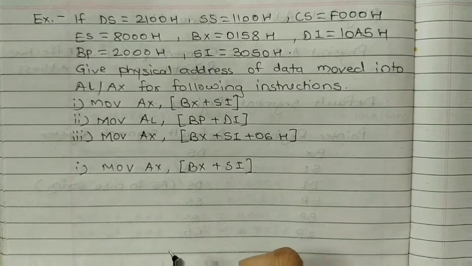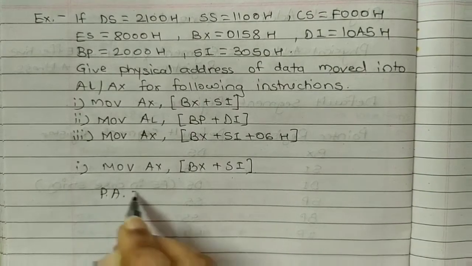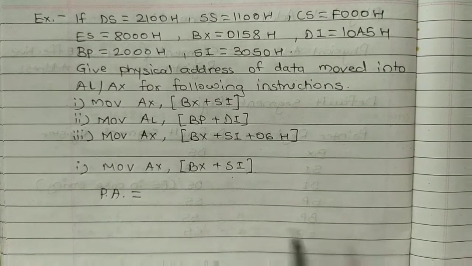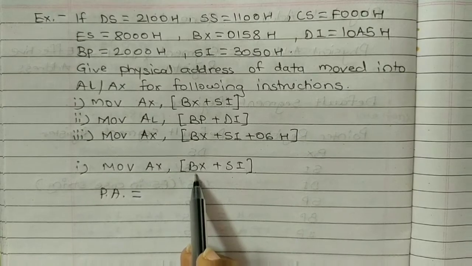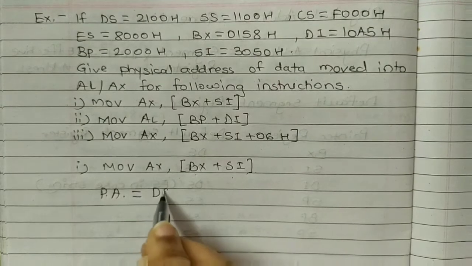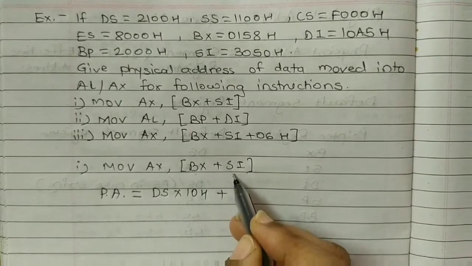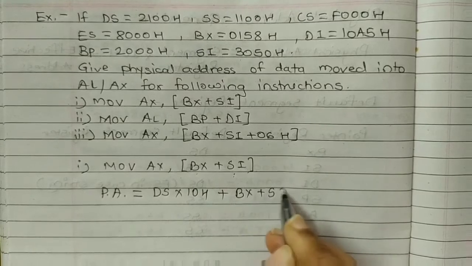Now our formula is physical address is equal to segment register into 10H plus effective address. Which is the segment register for BX? Segment register for BX is nothing but DS. So DS into 10H plus BX plus SI.